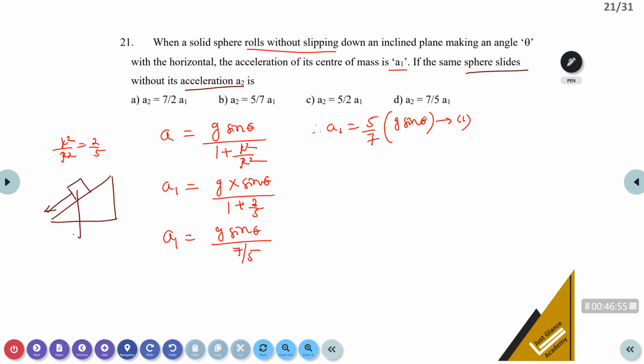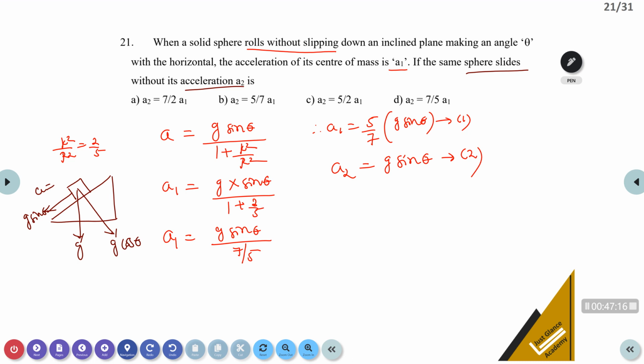We know the components are g cos theta and g sin theta, so the acceleration a2 equals g sin theta. This is equation number 2.